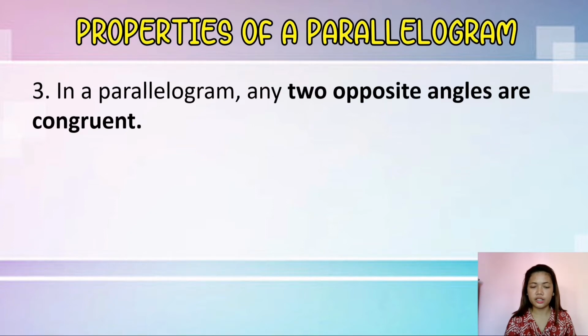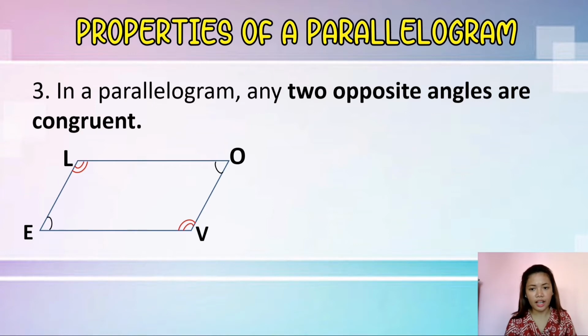So, let's have the third condition. In a parallelogram, any two opposite angles are congruent. So a while ago, we have opposite sides. This time, let's identify the opposite angles of parallelogram LOVE.